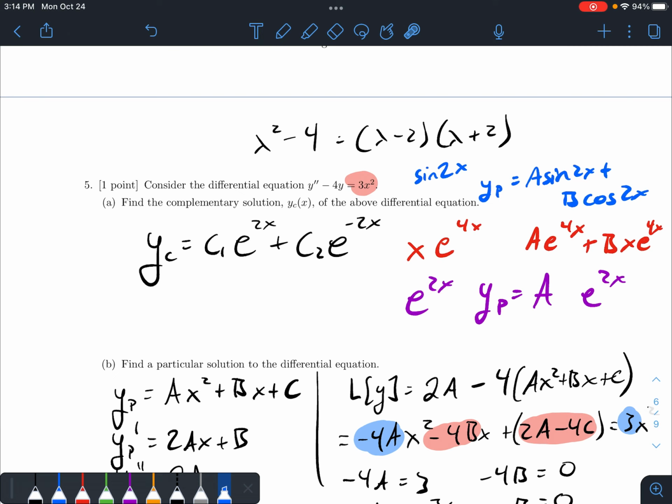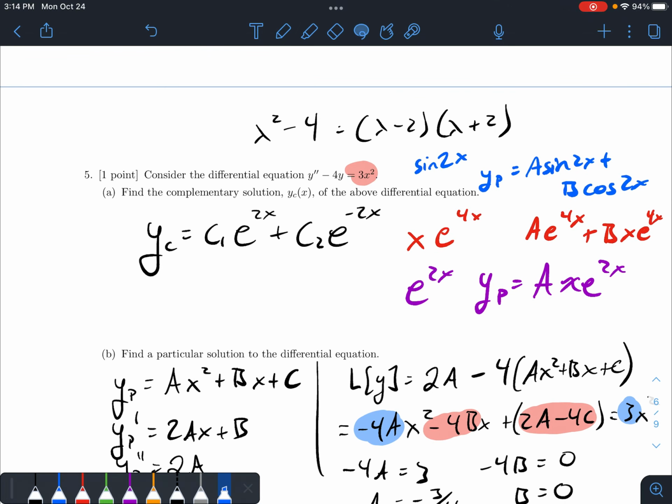So if this thing is not part of our complementary solution, then we don't have to worry about it. But if it is part of our complementary solution, then the fix is to just multiply it by x, or x squared, or x cubed, or whatever you have to multiply by to avoid any duplicate terms in your complementary solution.